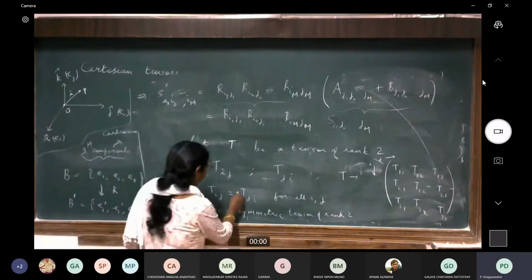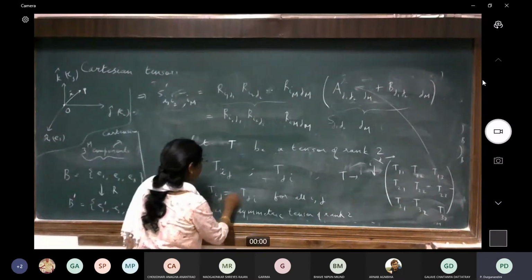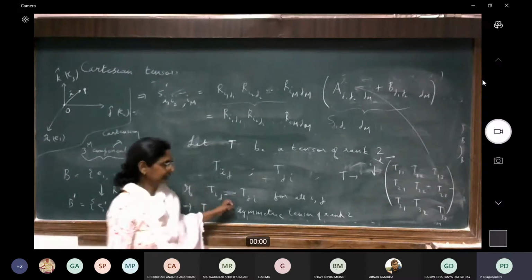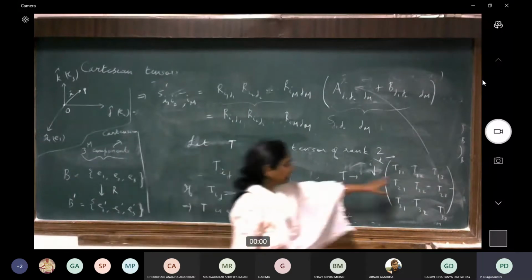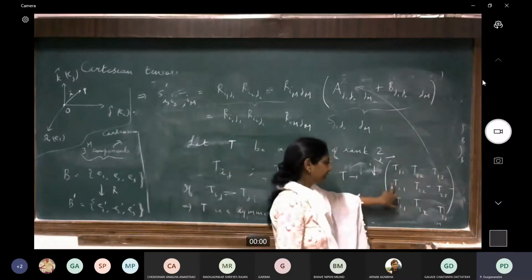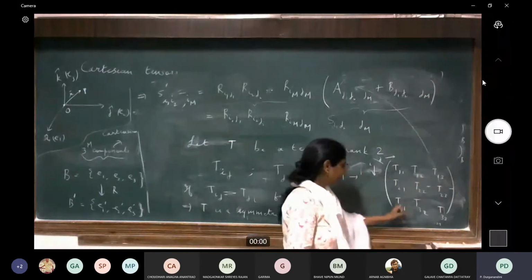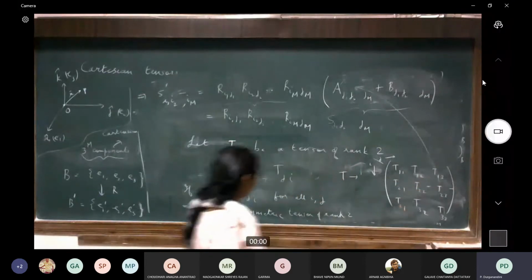Now, if instead of having a plus sign here, I had a minus, what will you say? That means T12 is the same as minus T21, T13 is the same as minus T31.